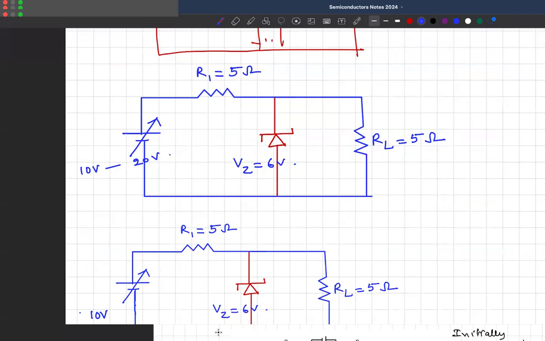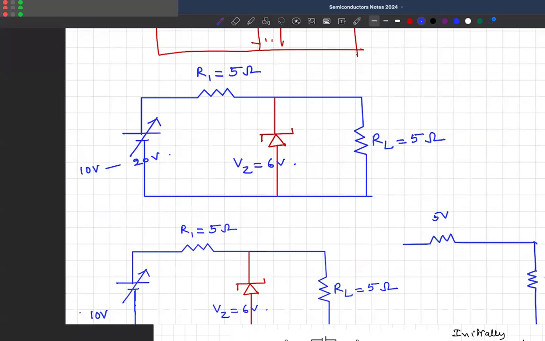Why, I will explain. Remove the diode part. You will have 5 volts drop here. You will have 5 volts drop here.